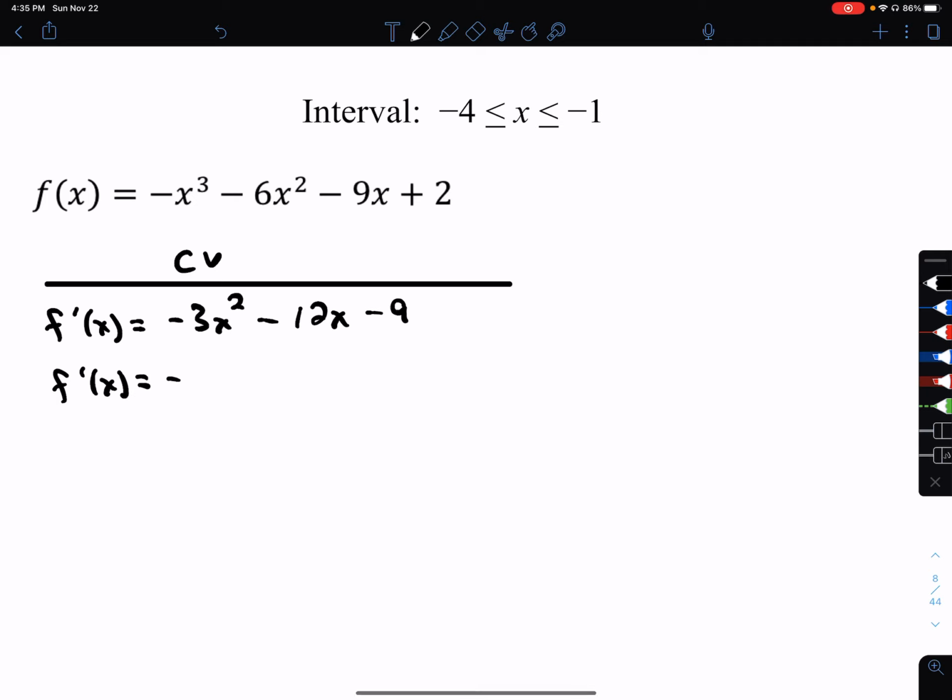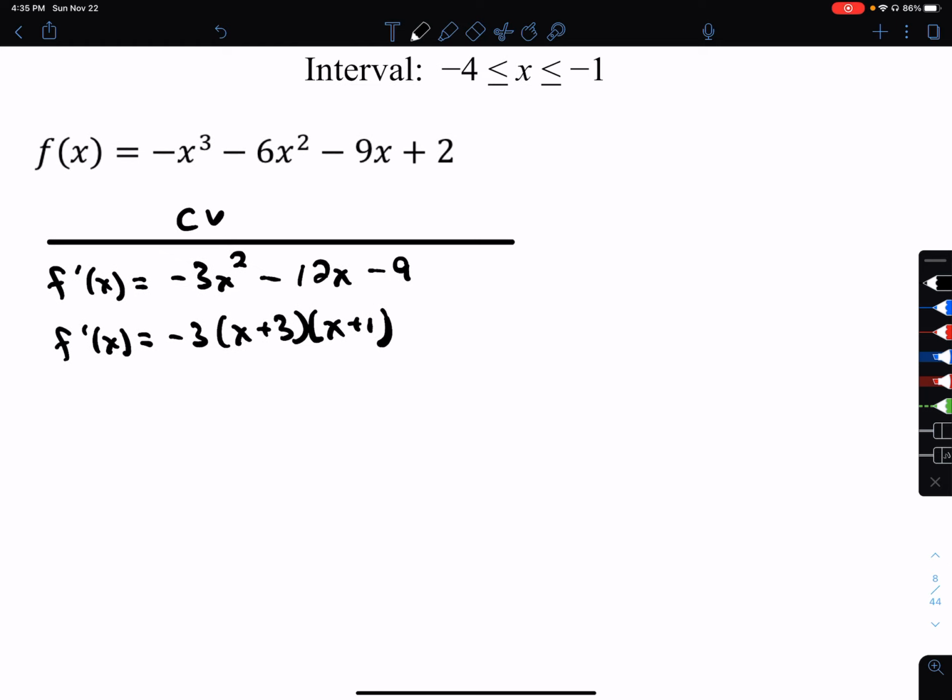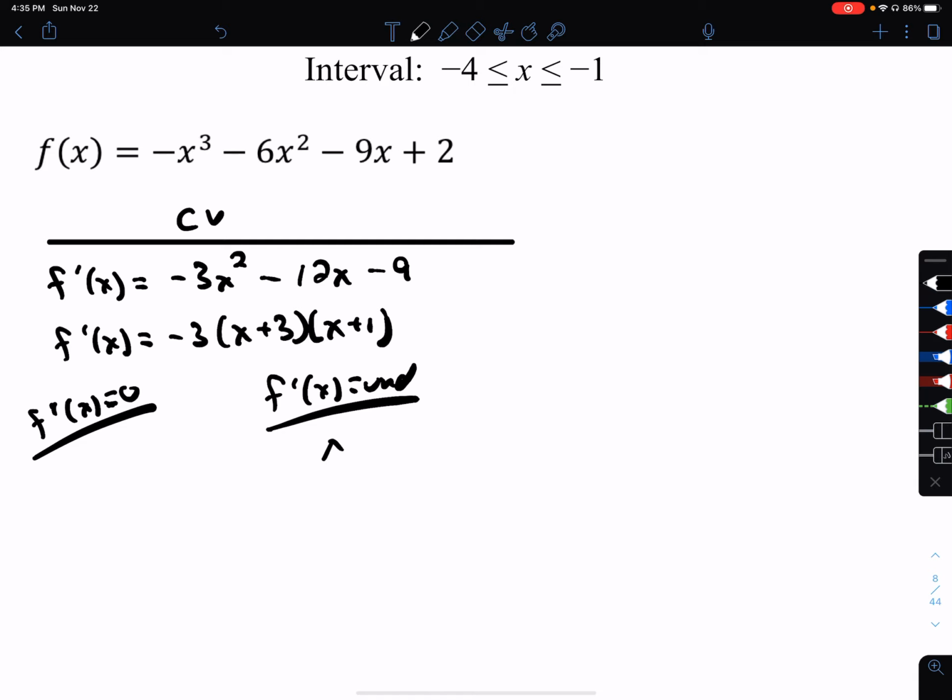I could factor a 3 out of this, and then this is going to factor into 2 binomials, an x plus 3 and an x plus 1. So f prime of x could be equal to 0, and f prime of x could be undefined. In this particular problem, it's never going to be undefined because we don't have any denominator.